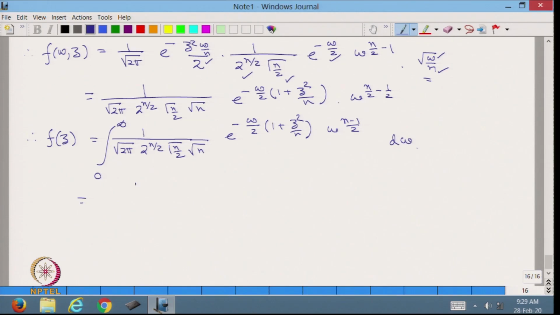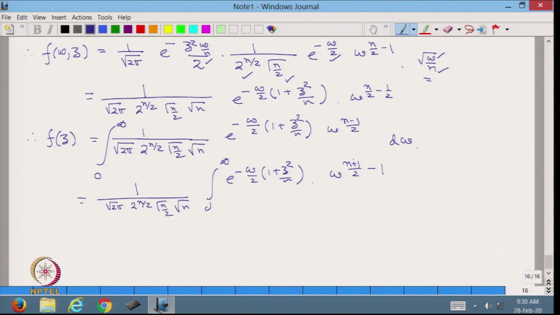All the constant terms come out, 1 over root over 2 pi 2 to the power n by 2 gamma n by 2 root over n, integration 0 to infinity e to the power minus w by 2 1 plus z square by n w to the power n plus 1 by 2 minus 1.